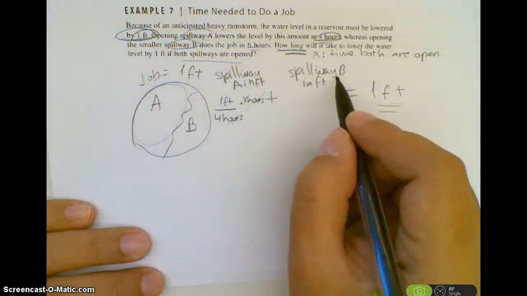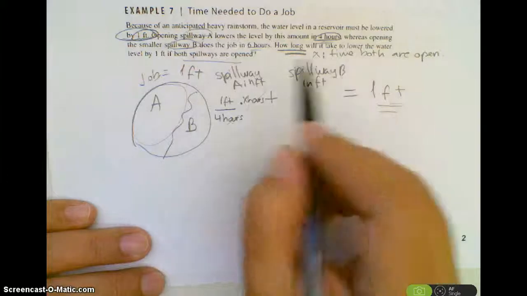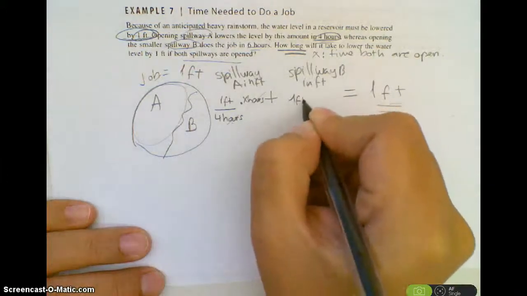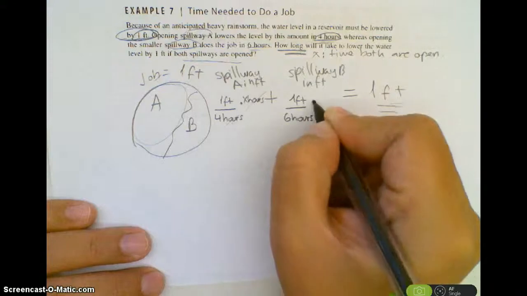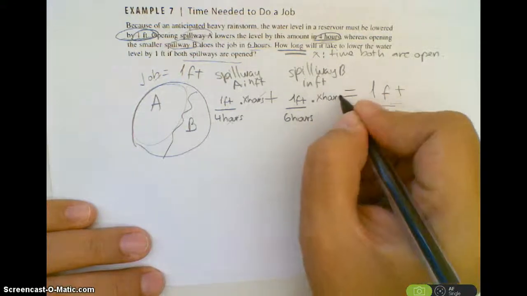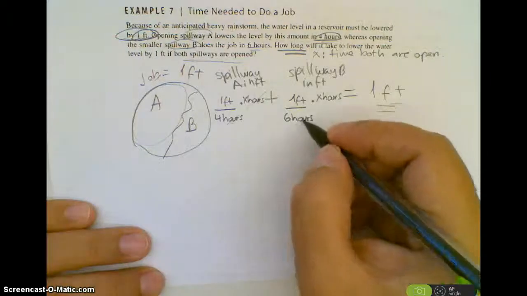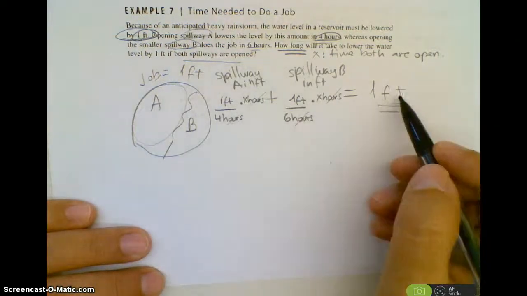Now spillway B, we have this speed, it does 1 foot in 6 hours, and I'm gonna multiply that by x hours because that's how long I have spillway B open. And I know that the hours will cross out, so I have feet plus some other feet, I have feet.